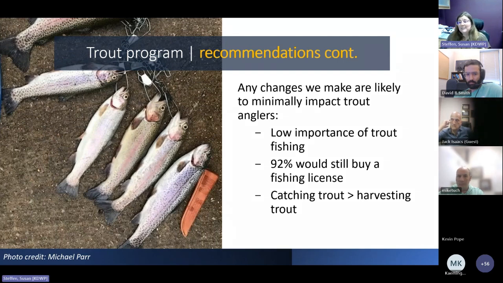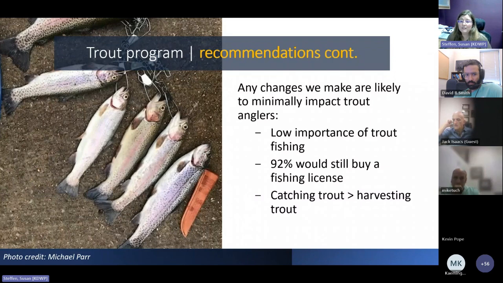When it came down to it, though, it really seems like our trout fishing opportunities, our winter fishing, really is not going to tick off too many people when we consider making some of these changes, because they did indicate that this is one of those fishing opportunities that's not of extreme importance to them.